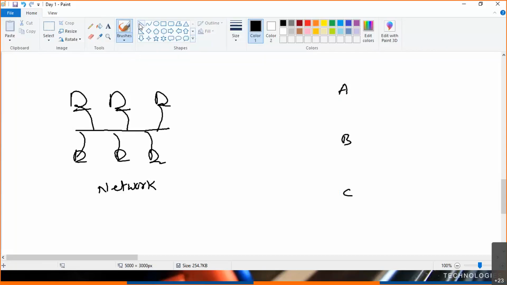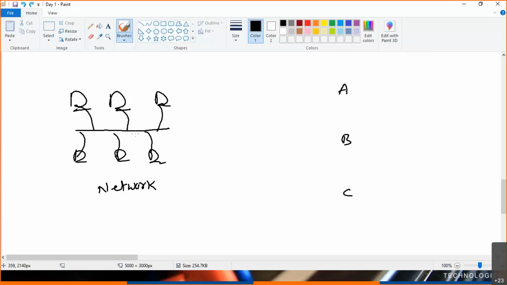See, as a network engineer, that is a very important task. In real time we have to decide which class IP address to use and where. So how do we decide? In a network, how many devices are interconnected?